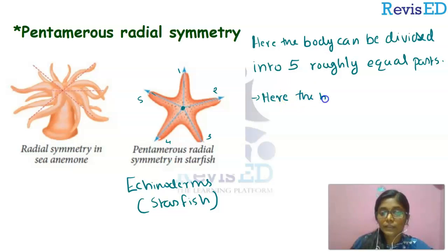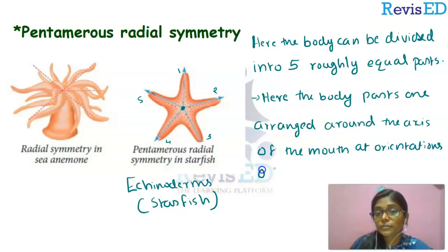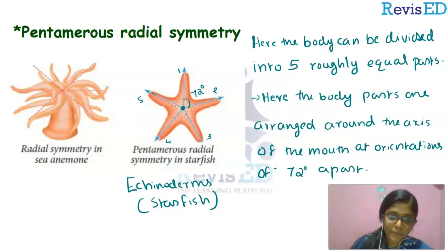Yes. Here the body is divided into 5 roughly equal parts and is arranged around the central axis, which is the mouth in the case of echinoderms, at 72 degrees. Clear? The body parts are arranged at orientations of 72 degrees apart.